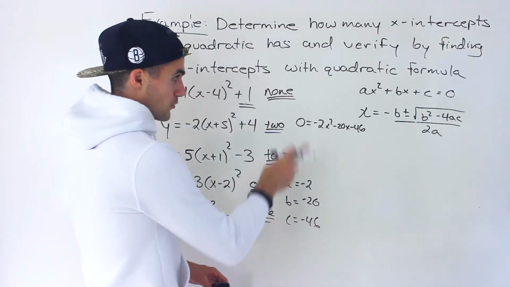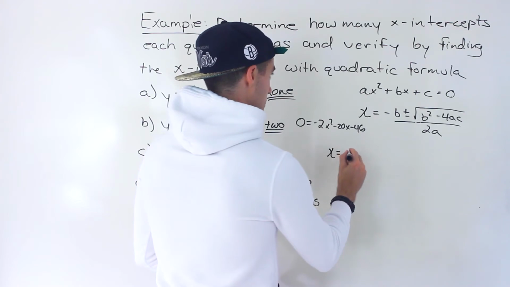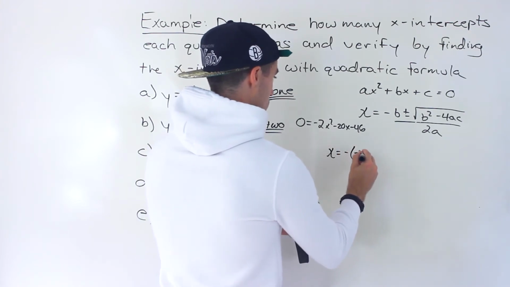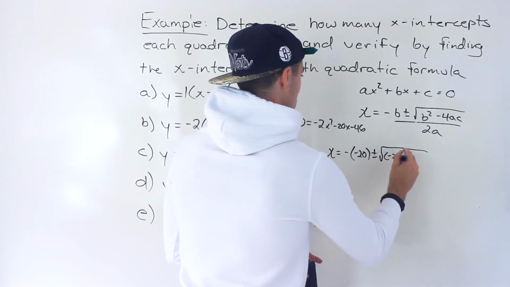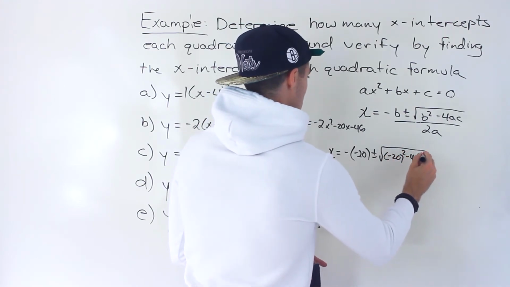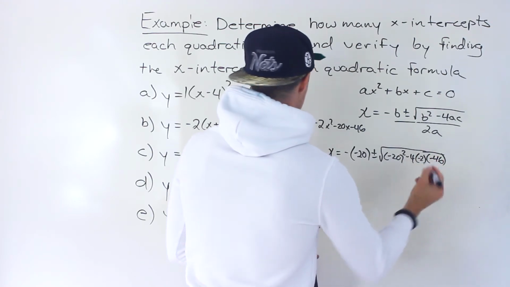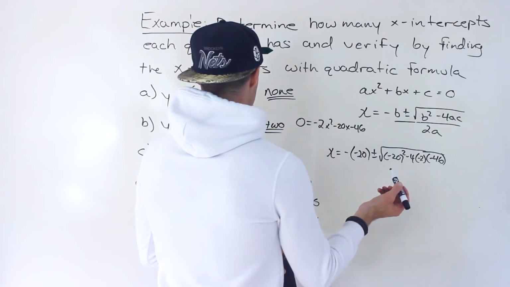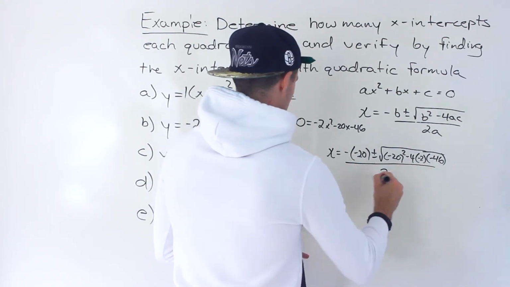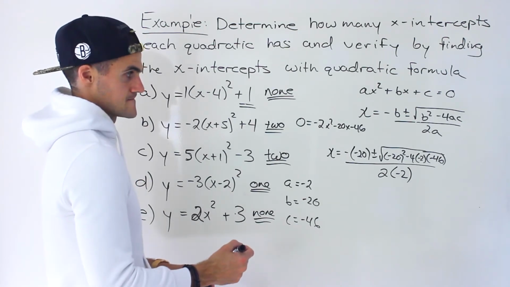And then taking these parameters, plugging it into the formula, we'll have x equals negative the b value -20 plus or minus -20 squared minus 4 times the a value -2 times the c value -46, all over 2 times the a value -2, like that.